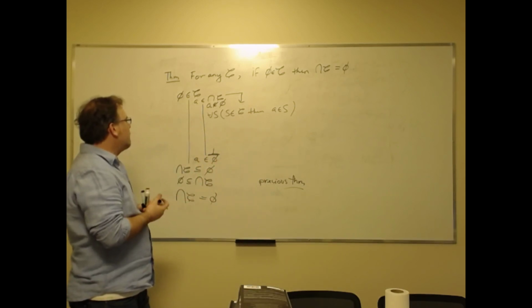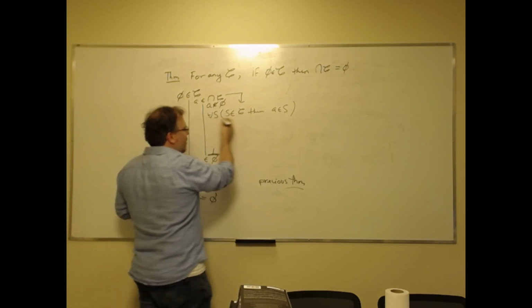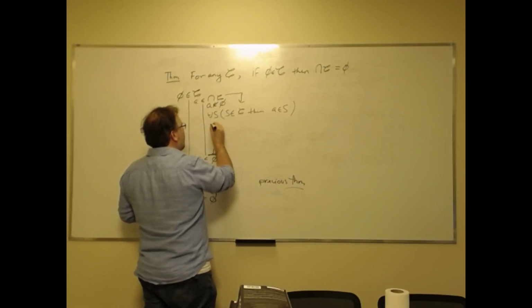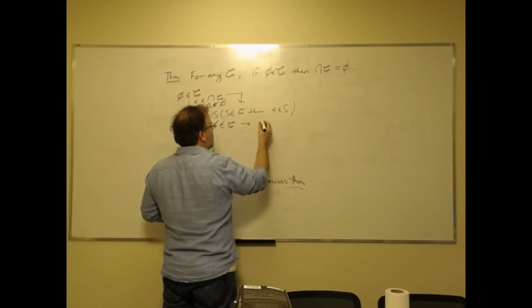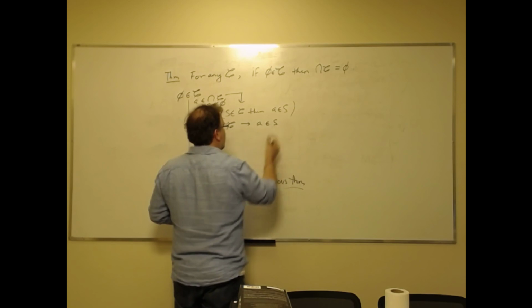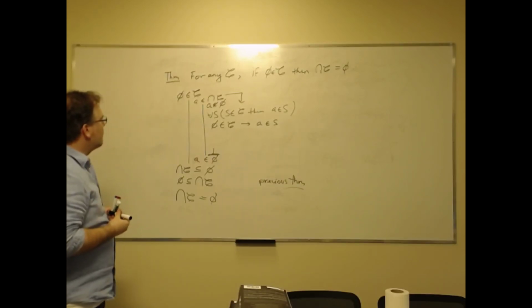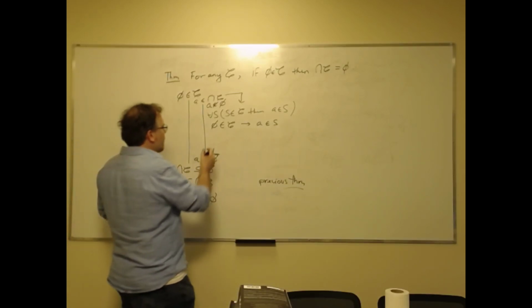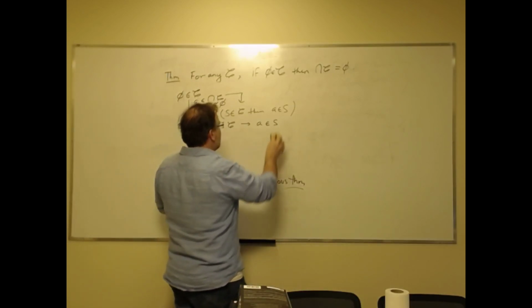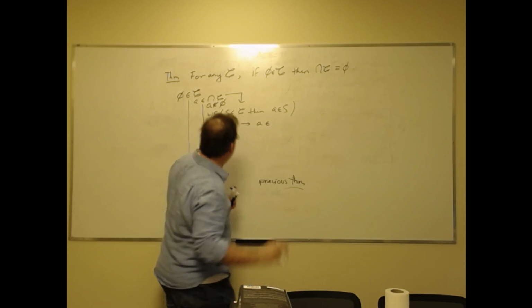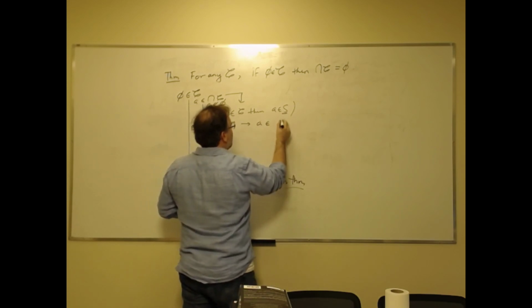Good. So now I could instantiate that sentence to get if the empty set is in the collection, then it follows that A is in S. So that shows that, oh, sorry, I forgot something. Right? I have to replace S, both occurrences of S by the empty set.